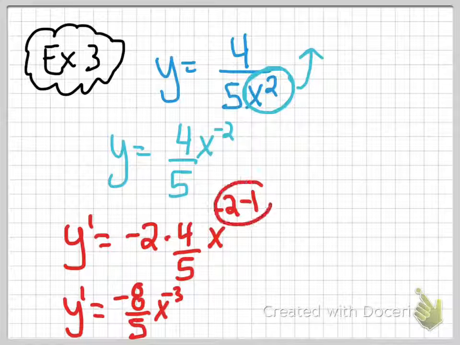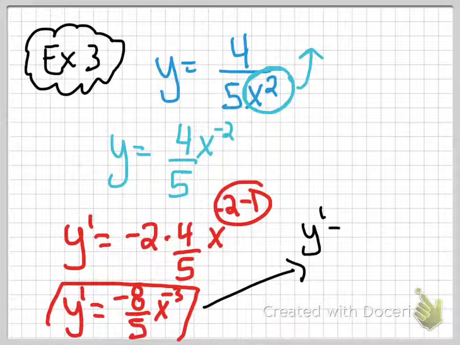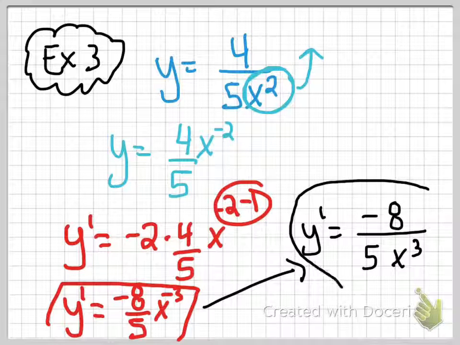Negative 2 minus 1 is negative 3, which could be an answer, but we don't like negative powers. So what I'm going to do is go over here and rewrite it as y prime equals negative 8 over 5, but I'm going to put the x to the third down in the bottom of the fraction, and that is going to be my final answer. No negative powers, and I'm happy.